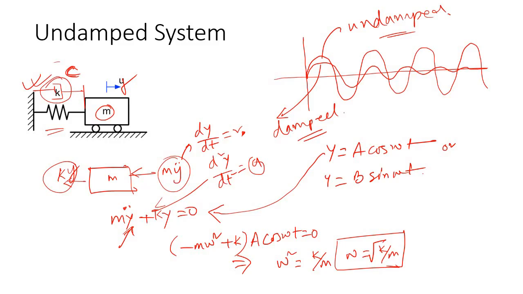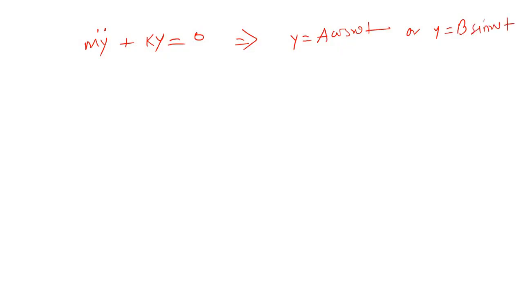Now to proceed further, just superimpose these two equations. Our equation was this one, right? And you have already tried y is equal to a cos omega t, or y is equal to b sin omega t, right?